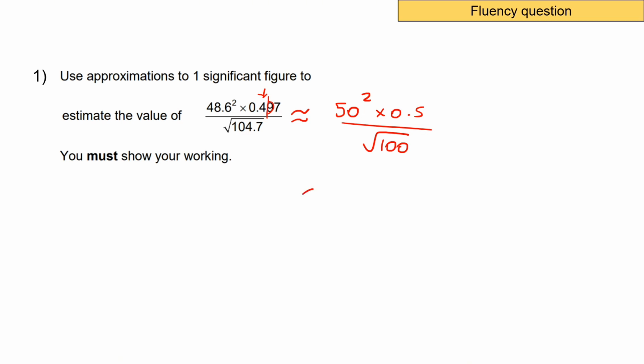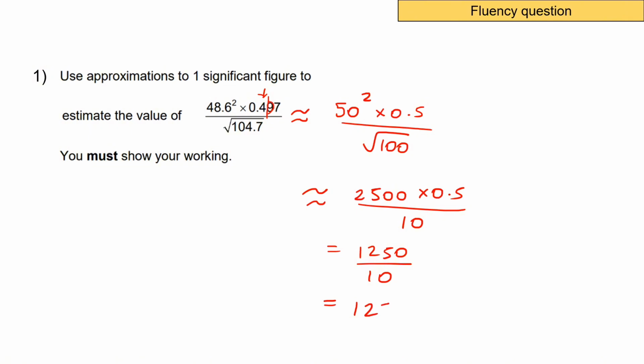So 50 squared is going to be 2,500 times 0.5 divided by square root of 100, which is 10. Half of 2,500 is going to be 1,250, divided by 10 gives you 125, and that's your final answer.